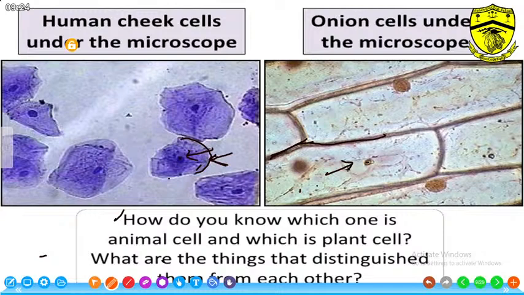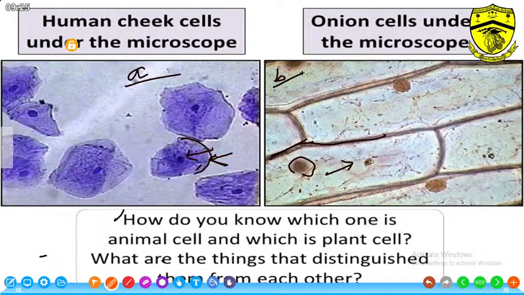And next one, the chloroplast is only present in plant cells. So we guessed it. This one is A and this one is B. A is the cheek cells, that is the animal cell. B is the plant cell.